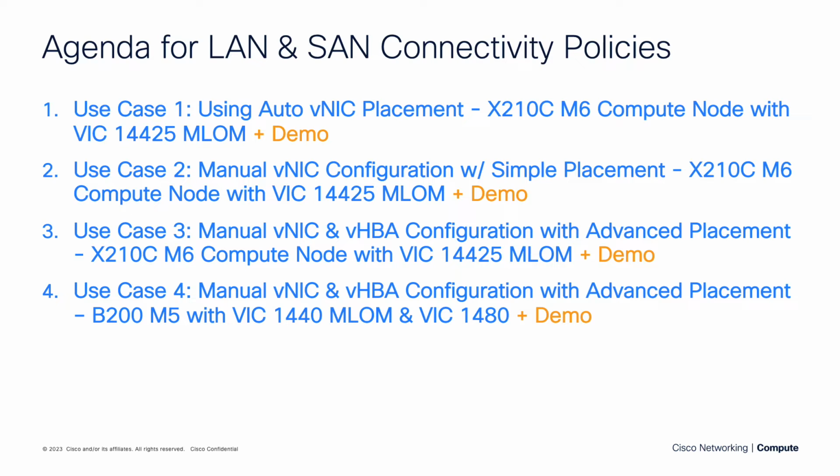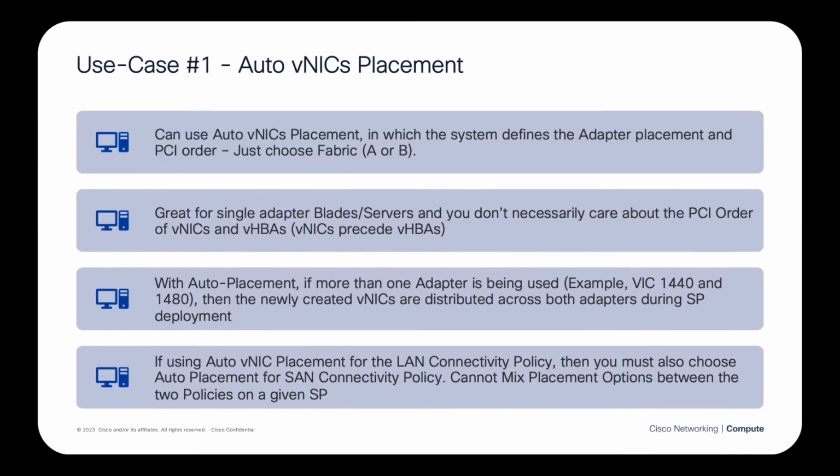Our third use case is creating LAN and SAN connectivity policies using manual configurations with advanced placement. And then finally, our fourth use case is kind of repeating use case number 3, but instead of assigning to a single VIC, we're going to have a dual VIC scenario. So I'm going to spread things across both VICs.